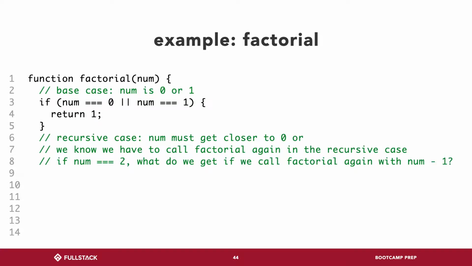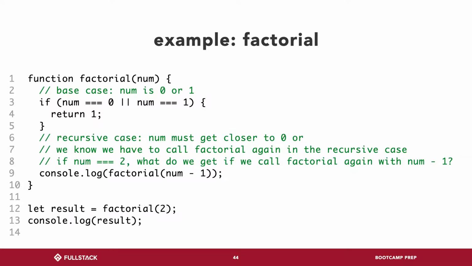So for the recursive case, we know that the num must get closer to 0 or 1, right? So we know we have to call factorial again in the recursive case. If num is equal to 2, what do we get if we call factorial again with num minus 1? You get 1. So result is still undefined because we are not returning this.